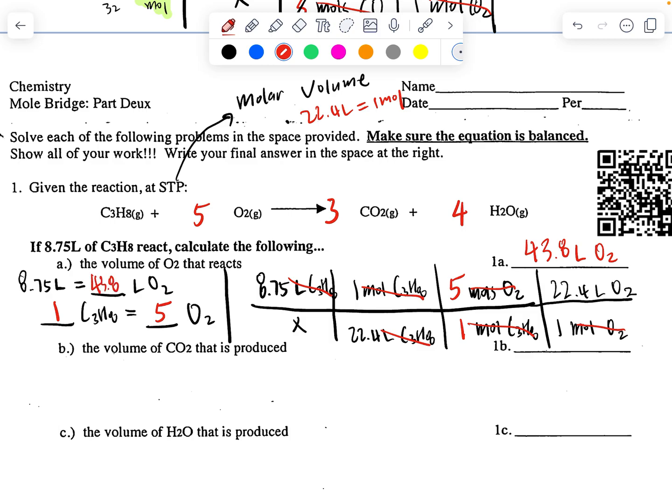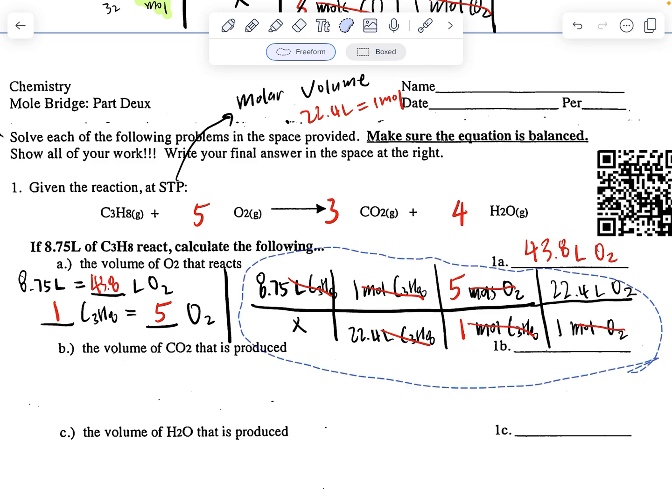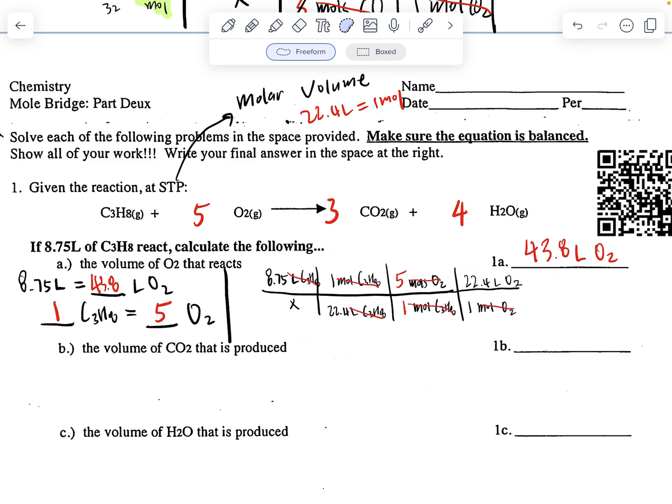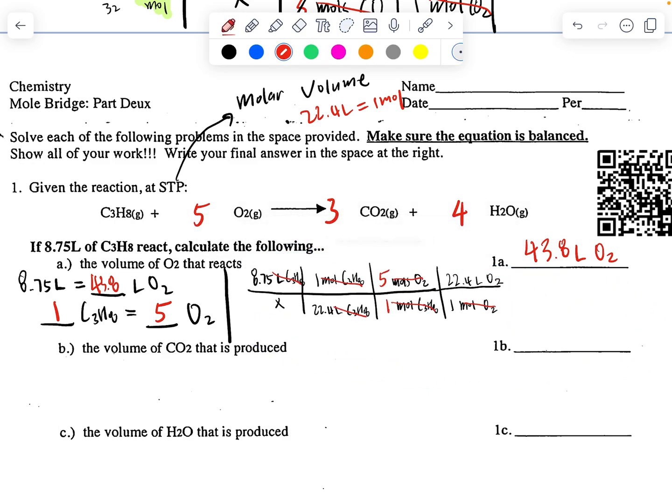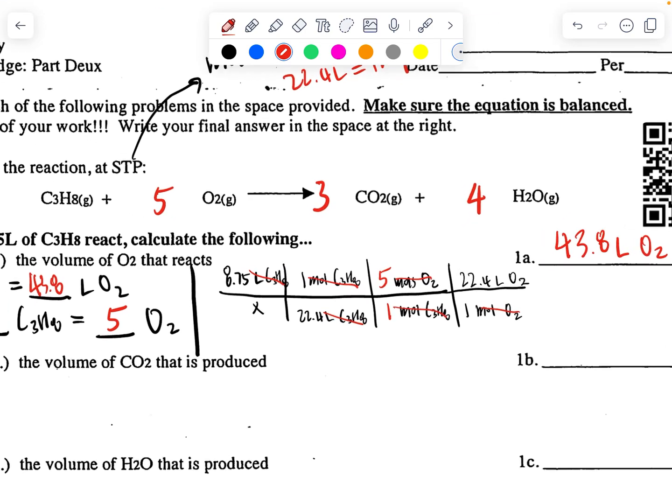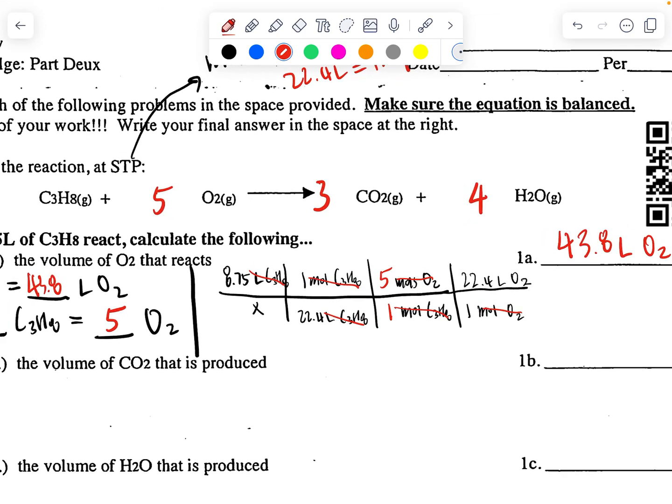Okay, guys? All right, let me go ahead and clean that up a little bit. I'm going to show you guys something here. If you look very, very carefully, what do you notice? You notice that this and this can actually be crossed away like that, right?